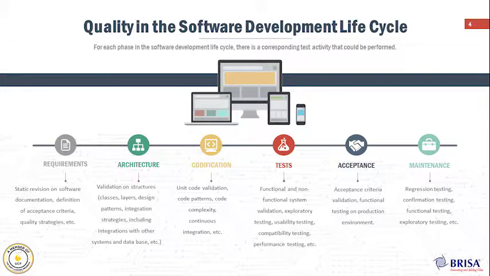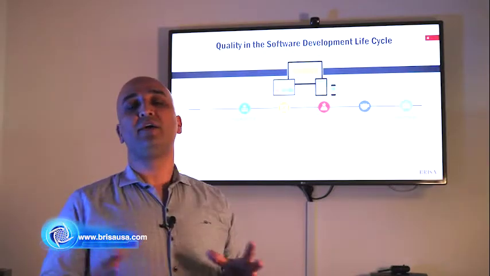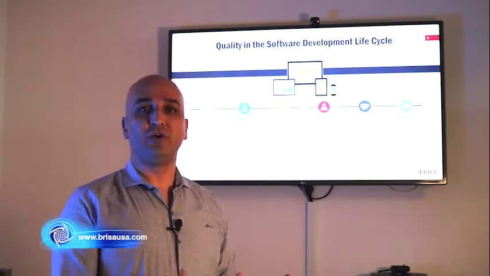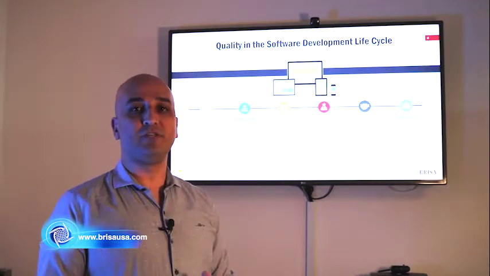When developers are coding their software, they must execute unit code validation. We must understand if the whole team is using the same patterns, if they are using the same structure, if they are following the same business rules for each part of the system.